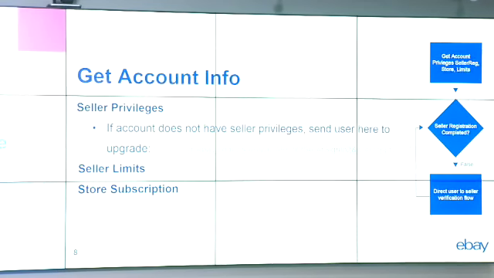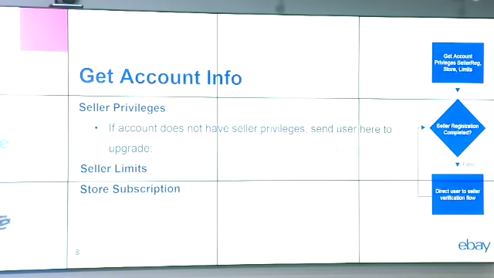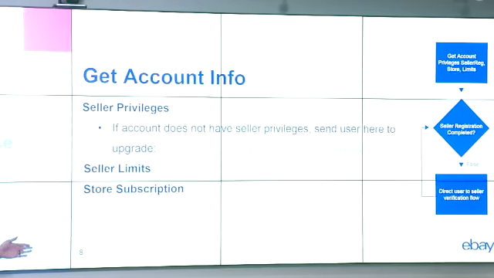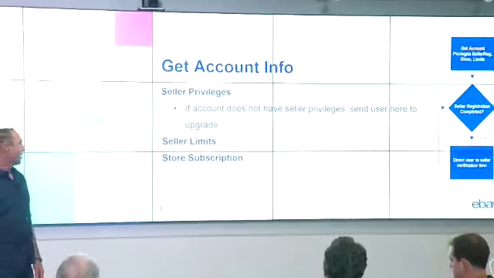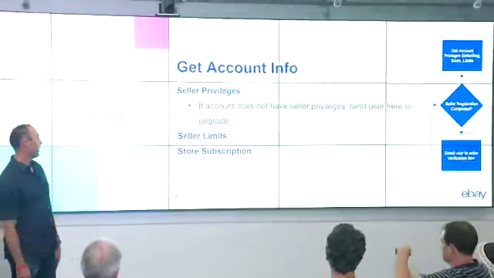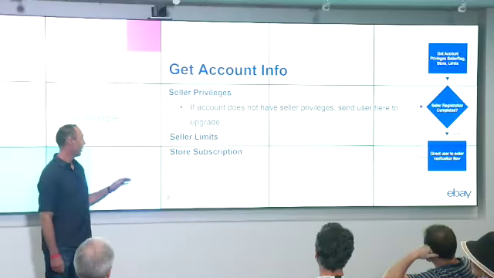Instead of crashing into an error, we could have checked first. And if they weren't, we can send them to a URL on eBay, which will send them into the account upgrade flow, so they go from a buyer to a seller. We're also going to pull down seller limits and store subscription, which we will use in later checks.